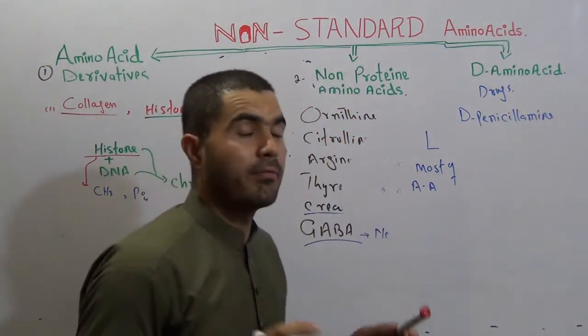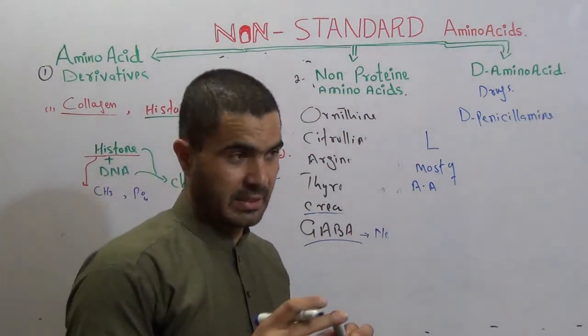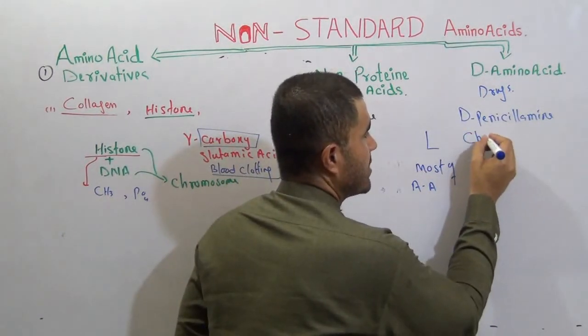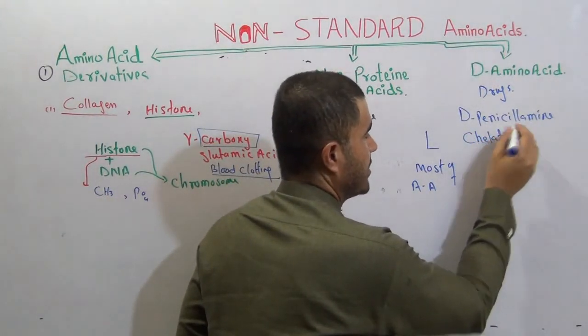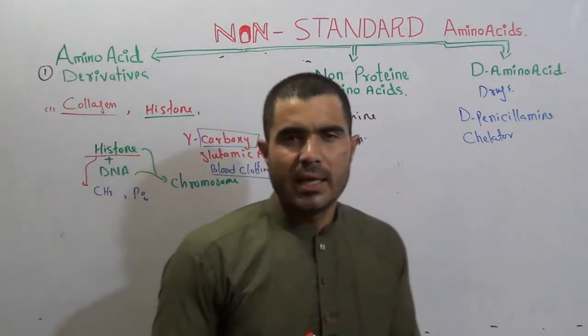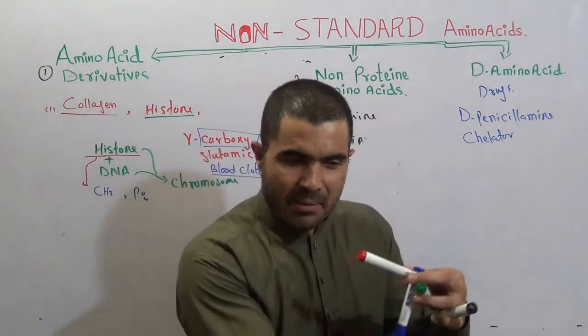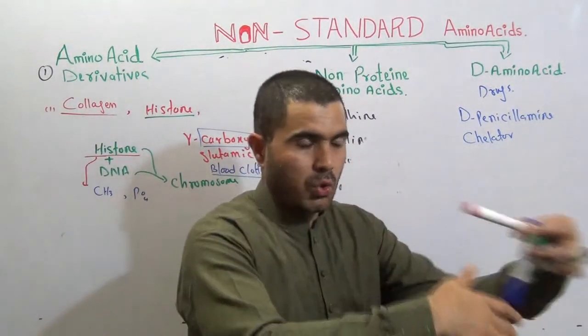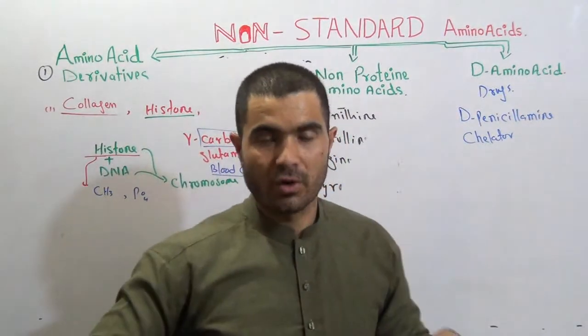It is a very famous amino acid in D configuration. It is used as a chelator. A chelator is any molecule that attaches a metal ion to itself and does not let it go to give us some harm to our body.